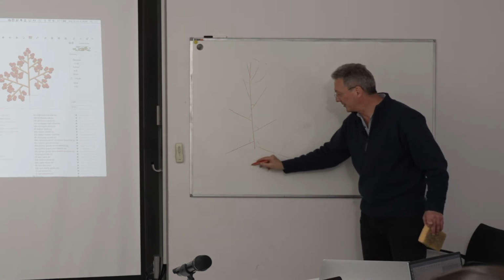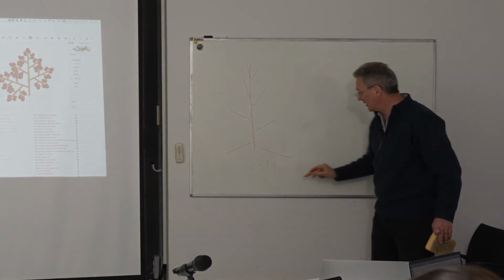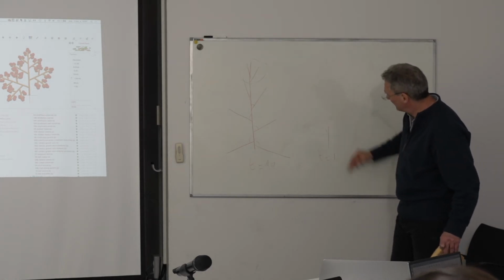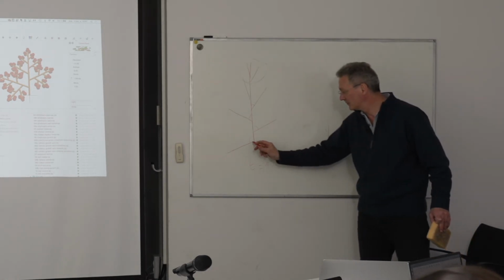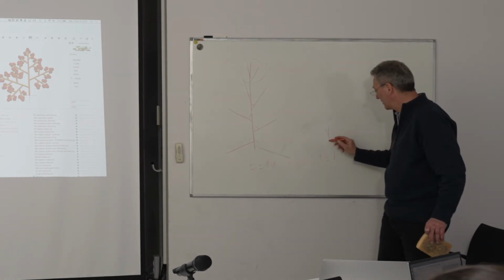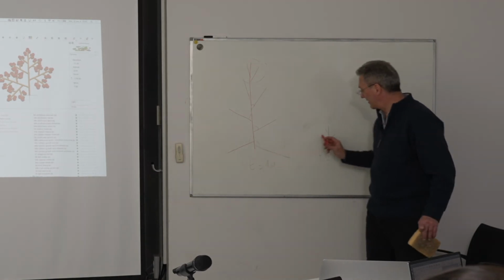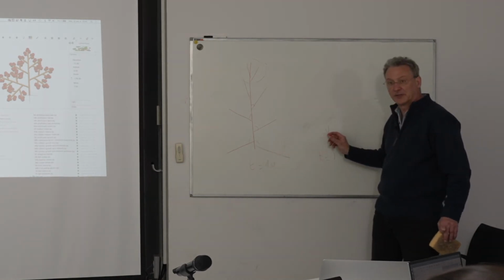So this is at time t equals 10. At time t equals 1, this was a bit like this. This angle was not as open as it started to be.